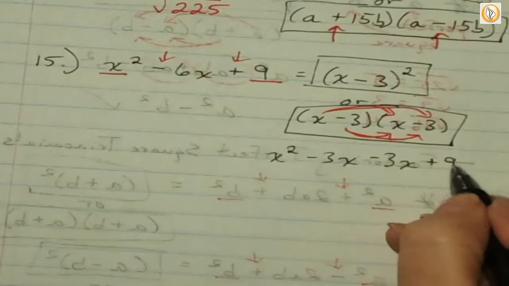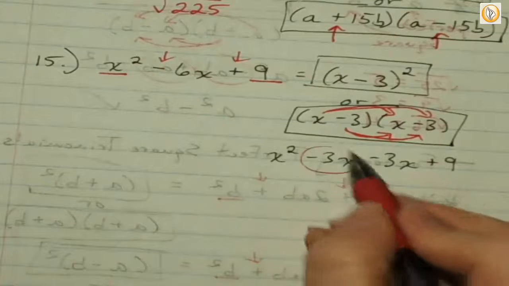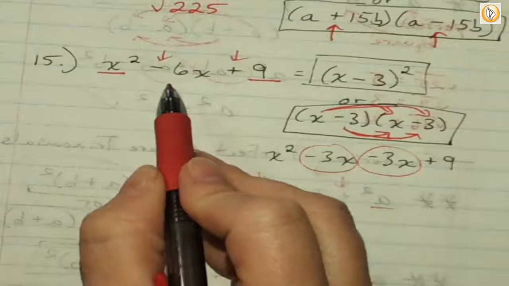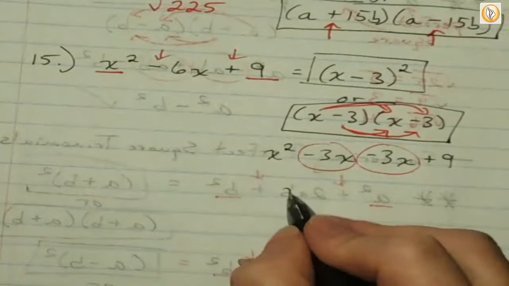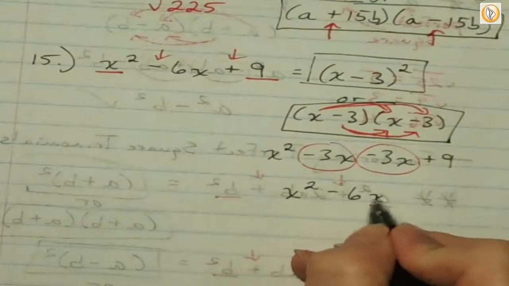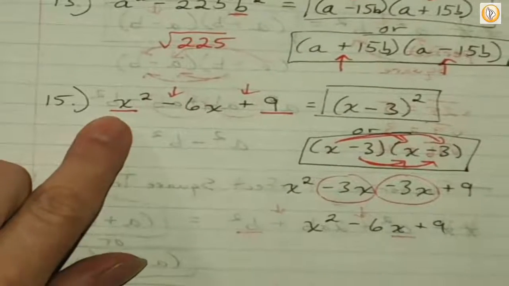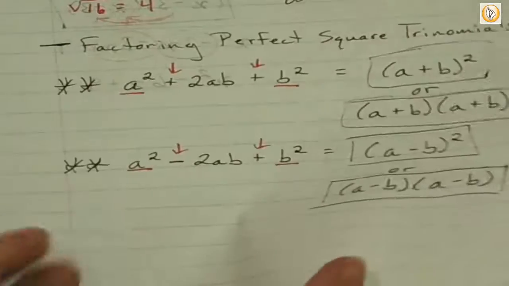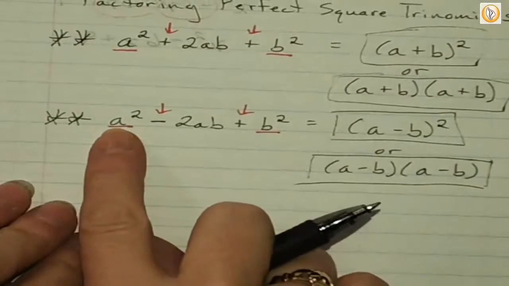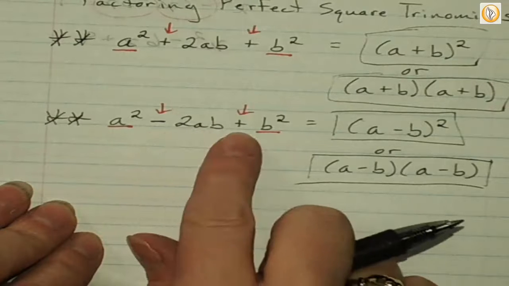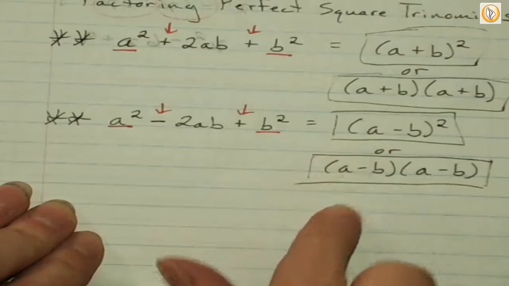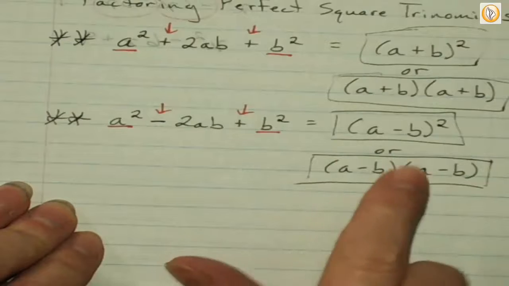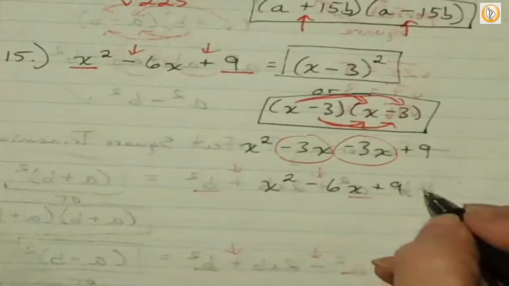Positive 9. She got x minus 3 squared. Perfect square, minus plus. It's in her notes. Then once you FOIL it, oh look, it's the same thing.